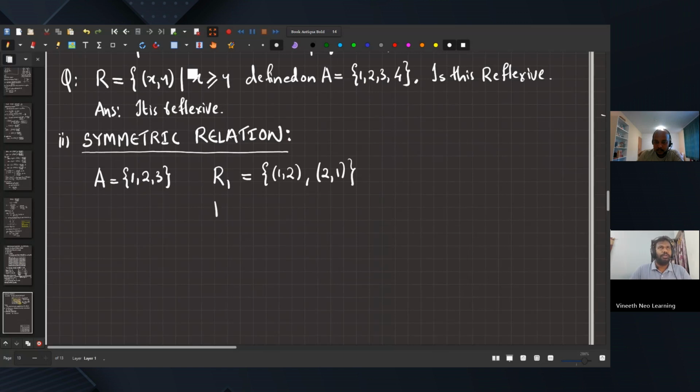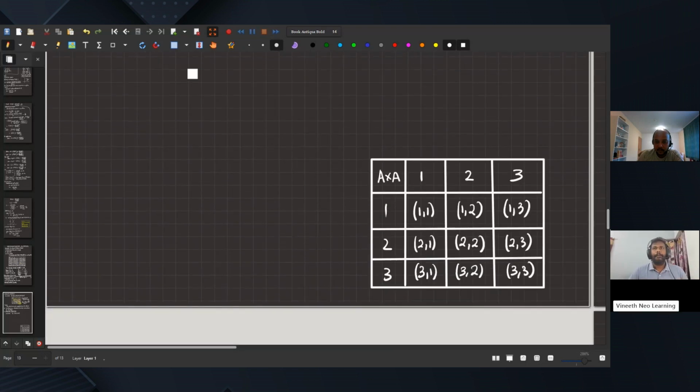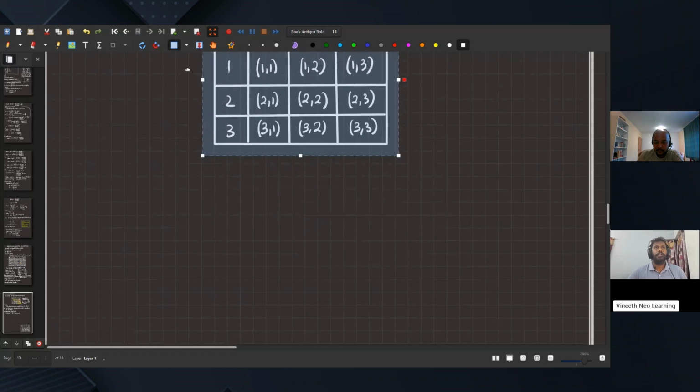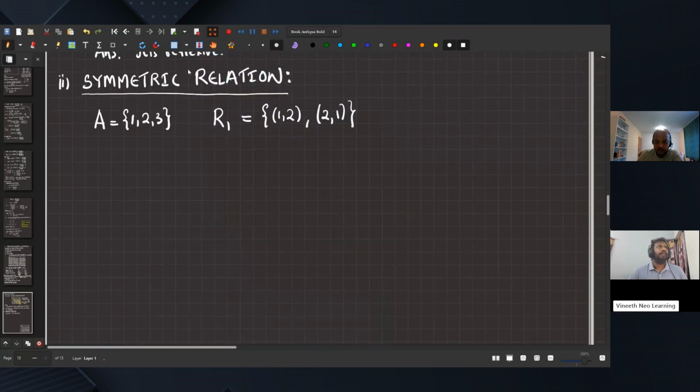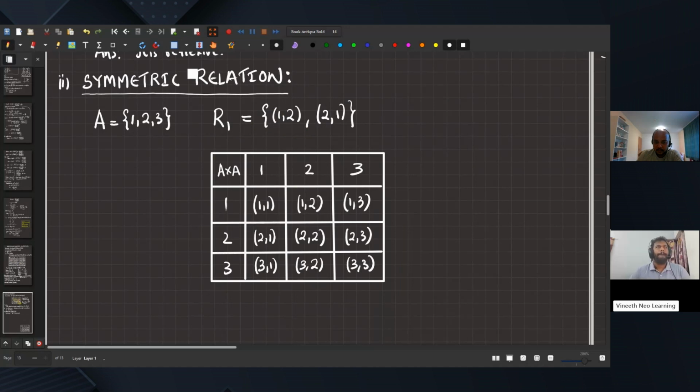Let R1 be a relation defined on A. Let's again consider our Cartesian product here and mark the elements.